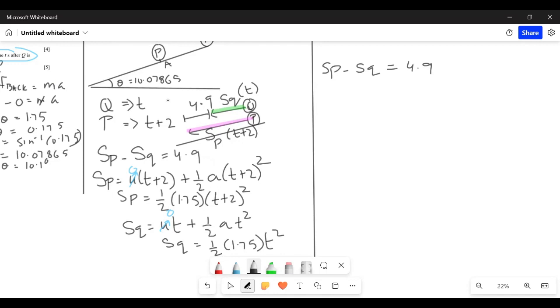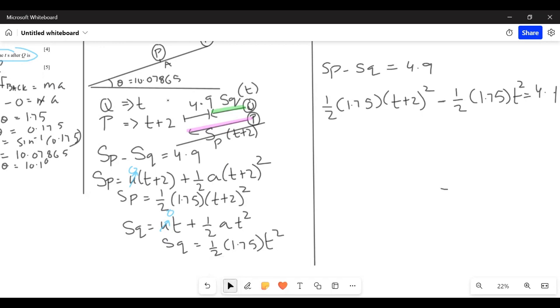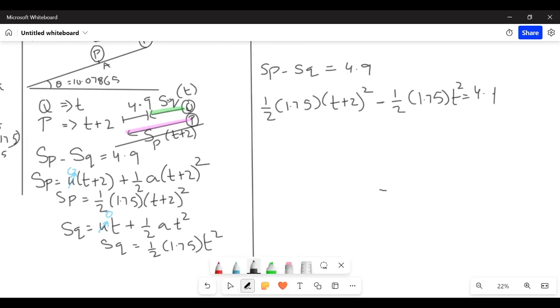SP is half times 1.75 times T plus 2 squared, minus half times 1.75 T squared, equals 4.9. So 1.75 divided by 2 is 0.875.